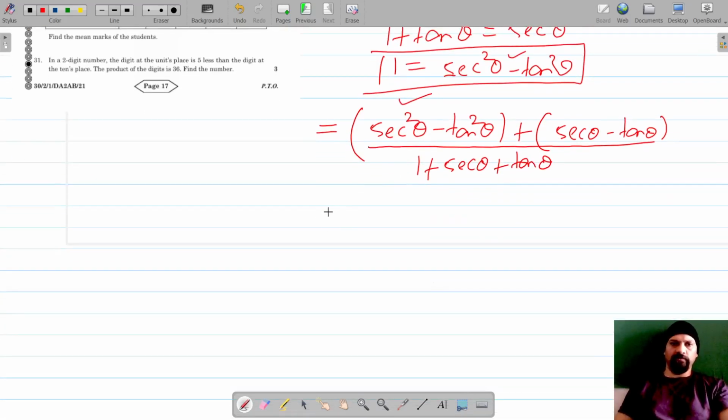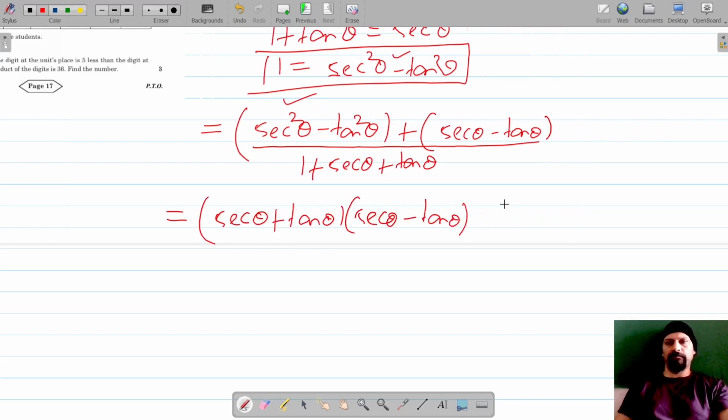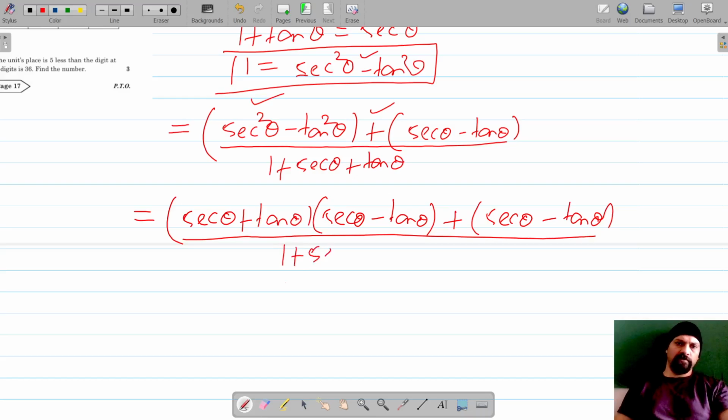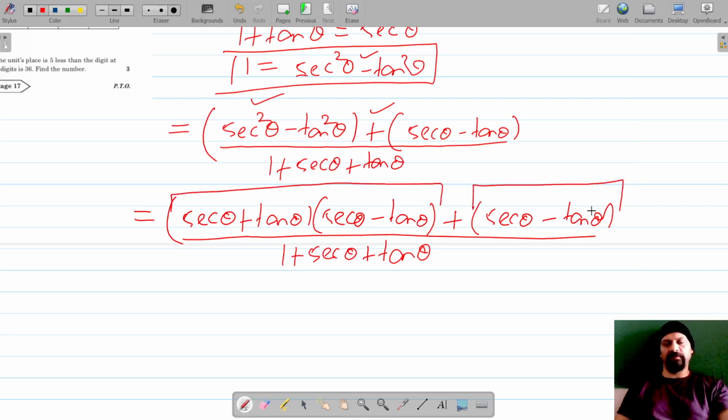Now this is a square minus b square, so we know that a square minus b square is a plus b into a minus b, and after that it's plus 1 into secant theta minus tan theta. So this is our numerator, and the denominator is 1 plus secant theta plus tan theta. Okay, for the numerator, we have this term, this is the first term, and this is the second term.